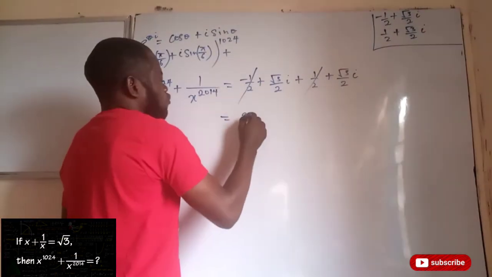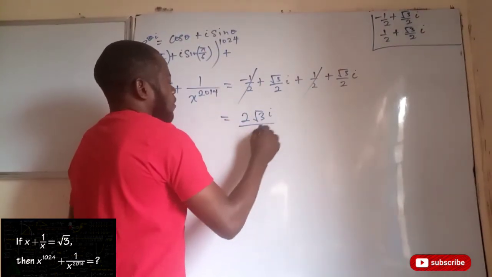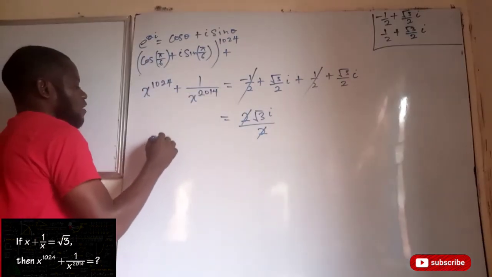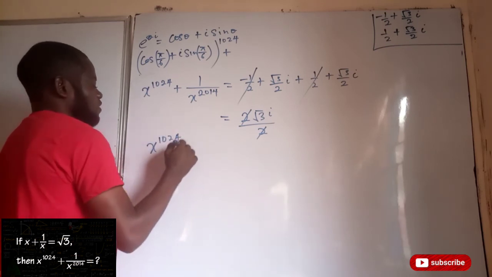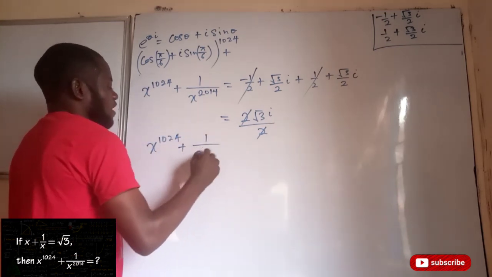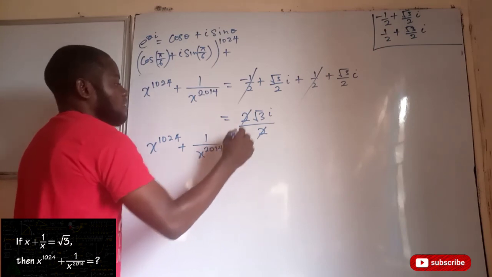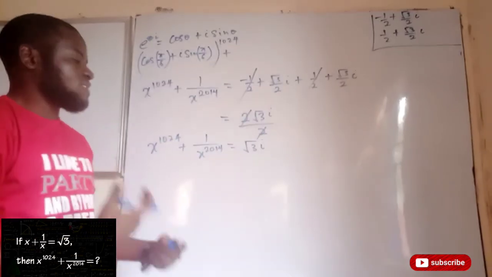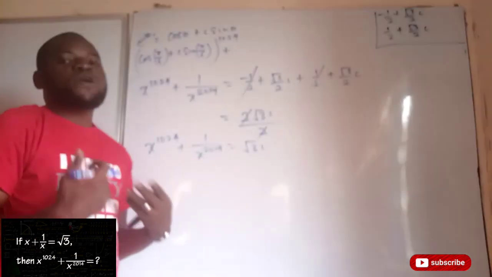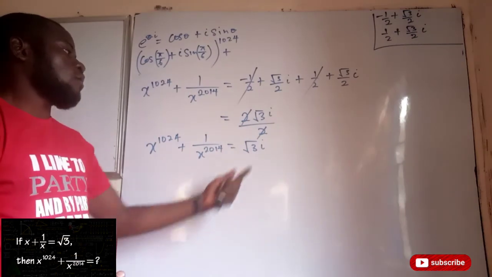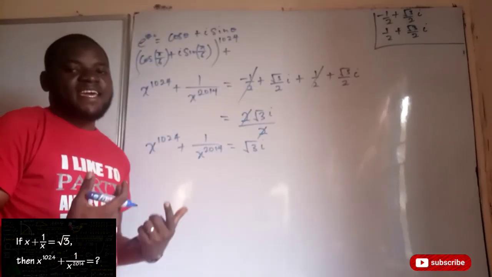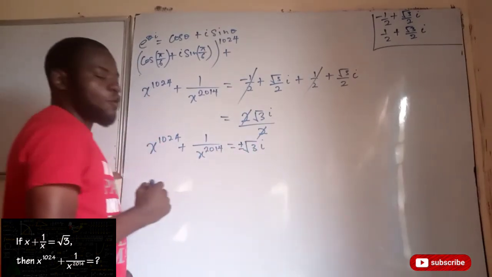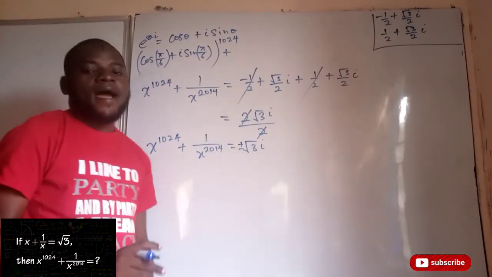Then I will have 2 root 3 i all over 2. So this and this will cancel. Hence, x to the power of 1024 plus 1 over x to the power of 2014 is going to be root 3 i. Remember that we consider the positive value only. If we consider the negative value also, we are going to end up having what? Negative root 3 i. Hence, our answer is going to be plus or minus root 3 i.